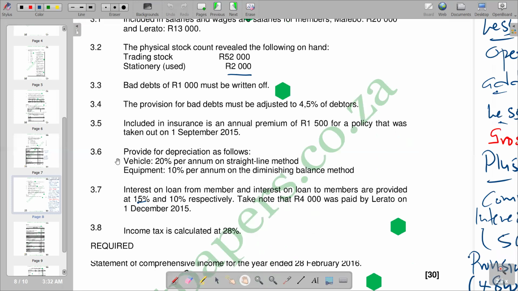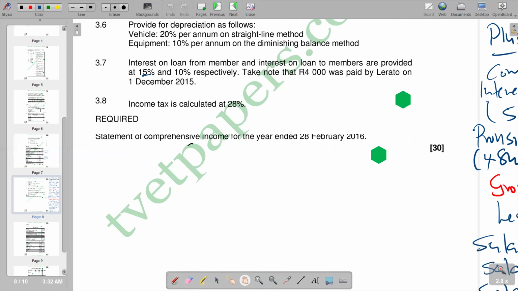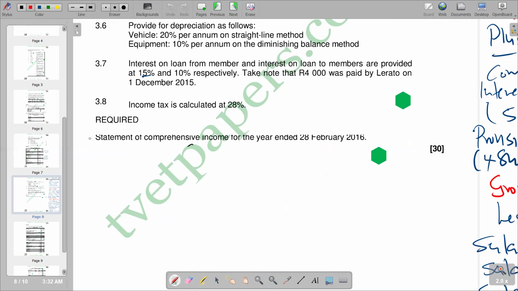Then we've got depreciation as a non-cash item again. We are supposed to calculate it whereby we are given 20% per annum on straight line method on vehicles. So we can just say depreciation on vehicles.